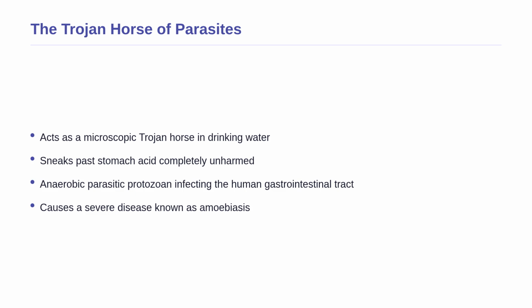Once they reach the safe, nutrient-rich environment of your intestines, they break open and release active, hungry invaders. This is exactly how Entamoeba histolytica operates. It is an anaerobic parasitic protozoan that primarily infects the human gastrointestinal tract, causing a severe and sometimes fatal disease known as amoebiasis.